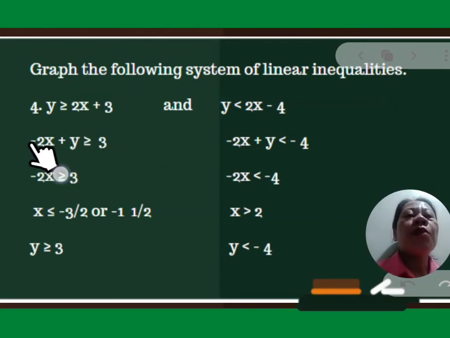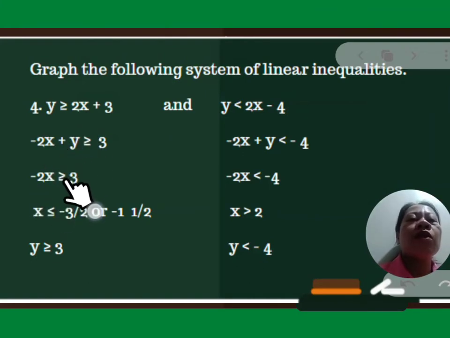So, para ma-solve yung x-intercept, gagawin natin 0 yung y. So, maiwan na lang ay negative 2x is greater than or equal to 3. Then, divide both sides by negative 2. Magiging ganito na siya. X is less than or equal to negative 3 over 2, or x is less than or equal to negative 1 and 1/2.